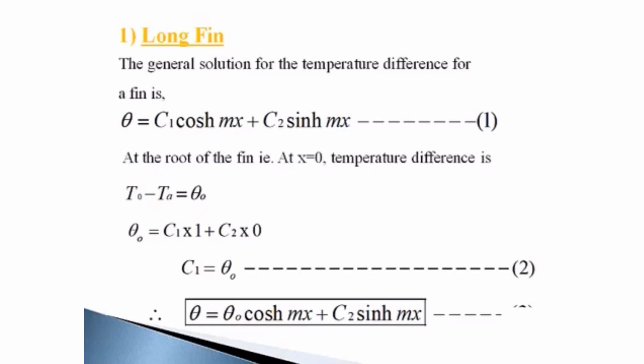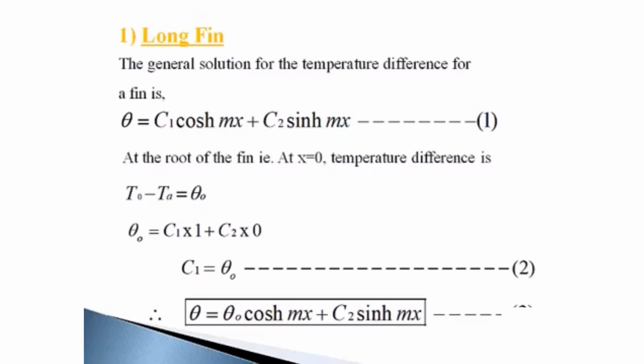First we'll go for the first condition, which is applicable for all the three types of fins which I mentioned. That is at the root of the fin, that is when x is zero. You remember the diagram which we have already seen. x is zero means at the base of the fin, at the surface of the plate from where heat is conducted out.